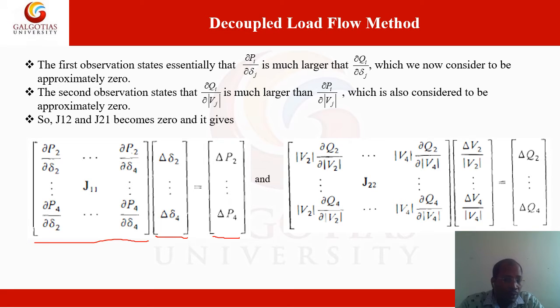But when we are calculating the particular bus active power and reactive power using the mismatch power calculations, you can see the power equations depend on the magnitude voltage as well as angles. They are not independent, but when we calculate the correction factors, we can see that these are independent of each other.